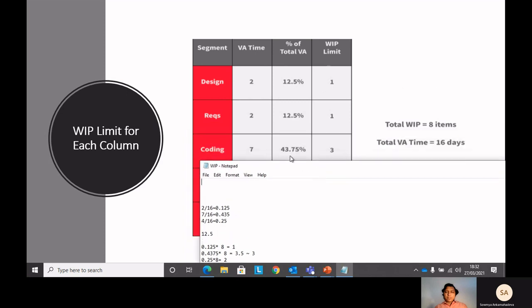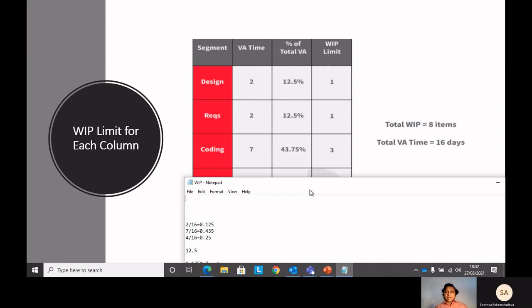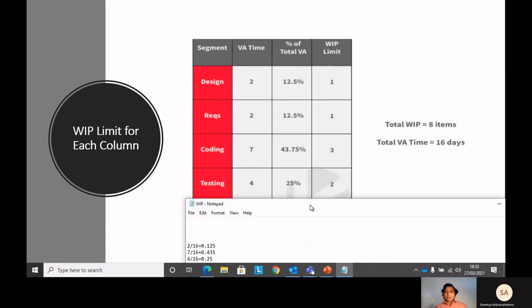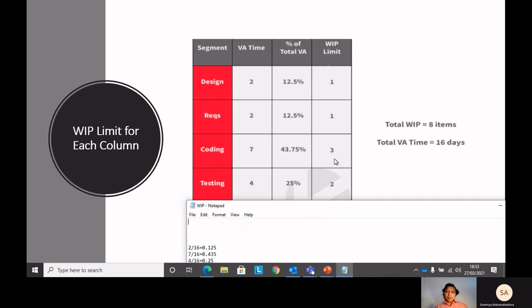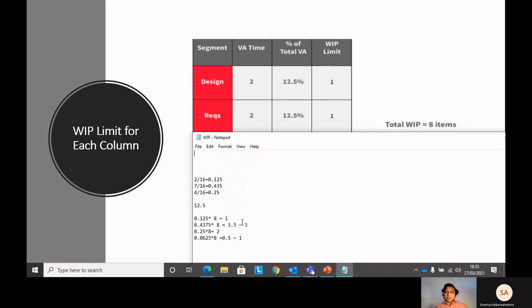If you take this one, for example, 0.4375 multiplied by 8, it will be roughly 3.5. So they have taken it as 3 over here because 3.5 is a fraction, so they have taken the lower whole number. Again, you can have a challenge in this kind of scenario where we have less or more.